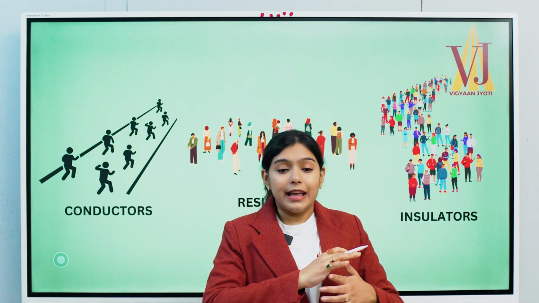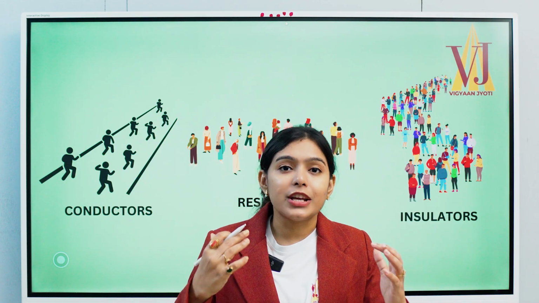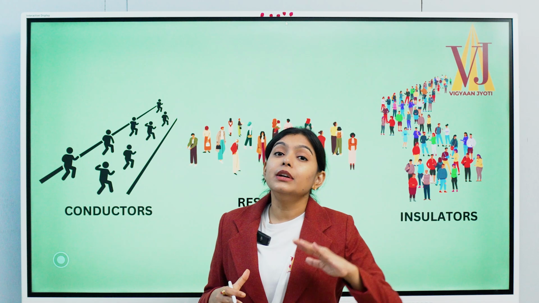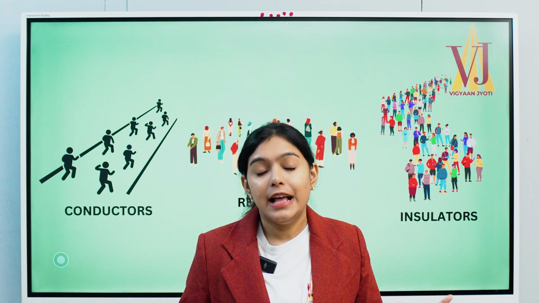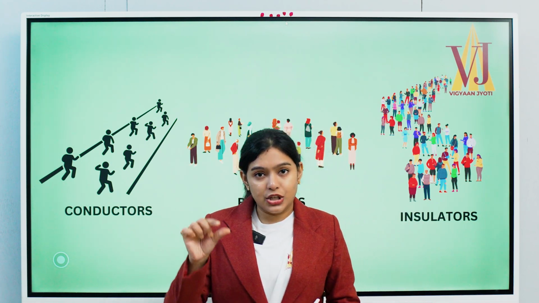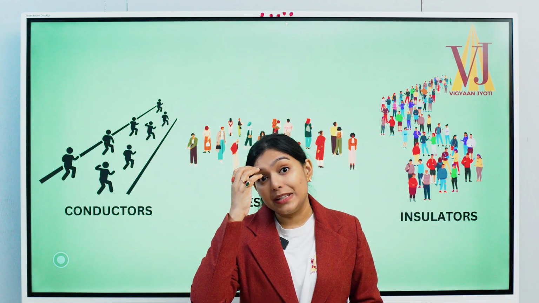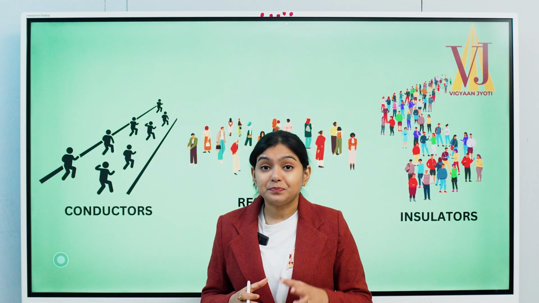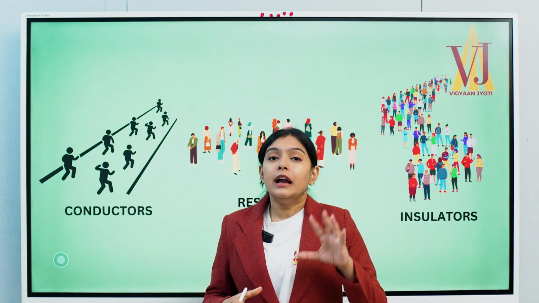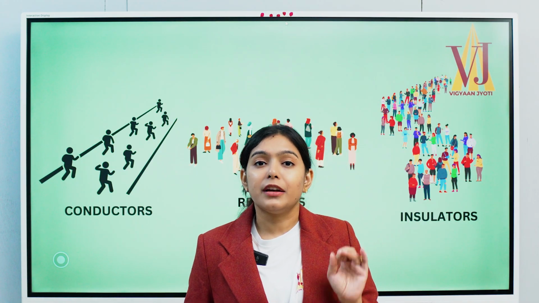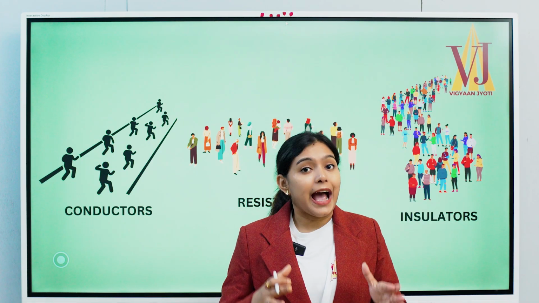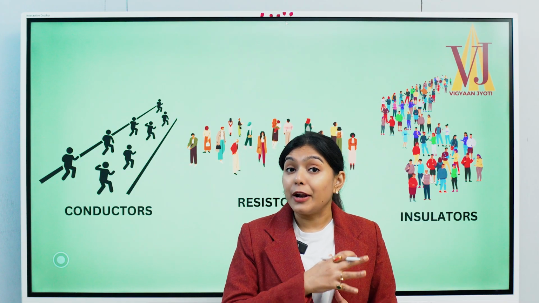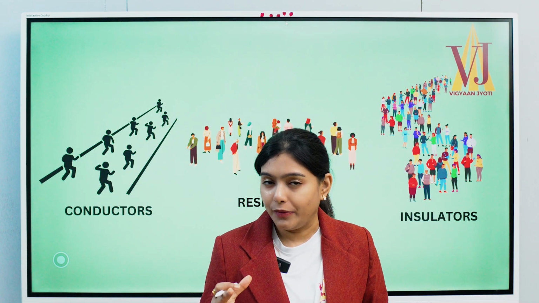Infinite means it is so congested that you need to take your vehicle another way. That means current will not flow through an insulator. That's why we can touch an electrical wire insulated with rubber, plastic or PVC, but if we touch a resistor, we are going to get some part of the electric current, because a resistor says, yes, I do offer obstruction to the flow of current, but I do not omit the flow of current. Remember one thing.